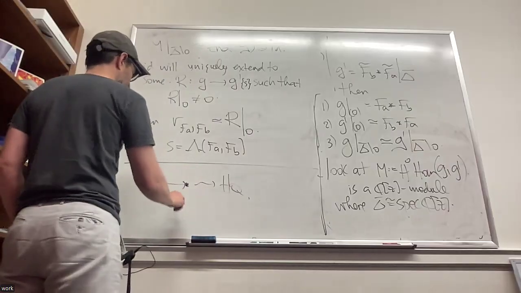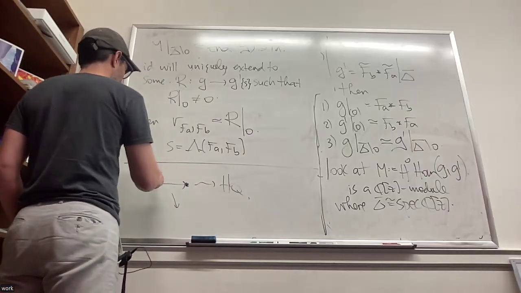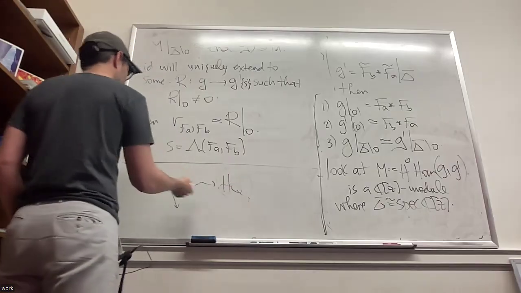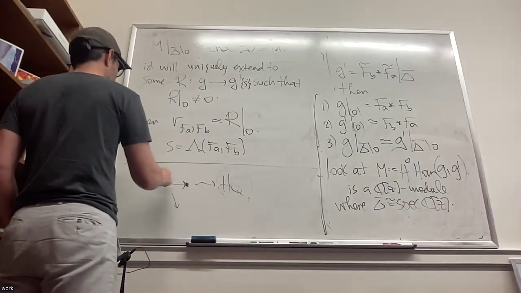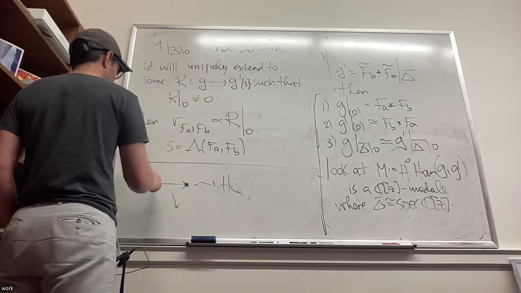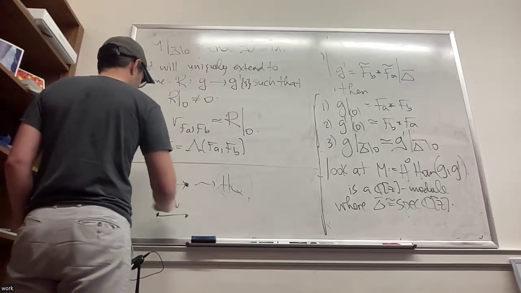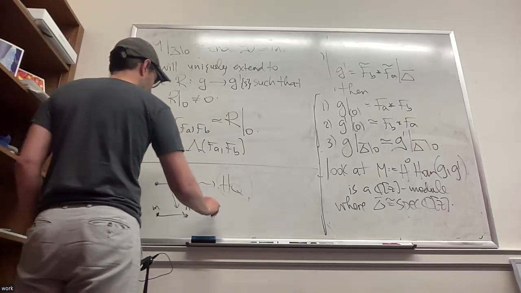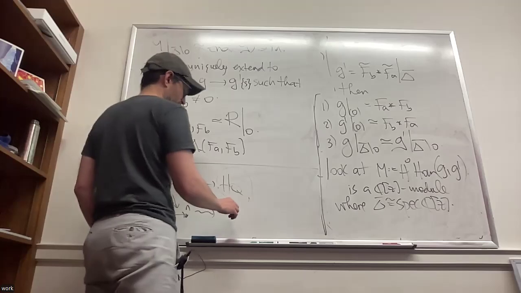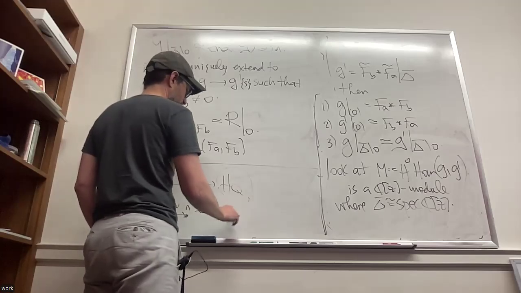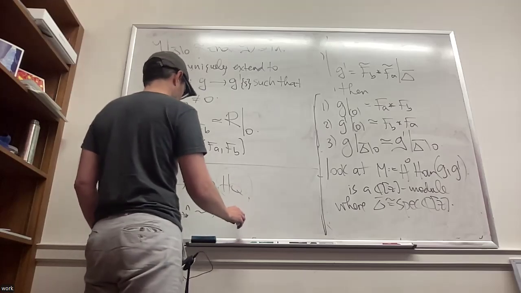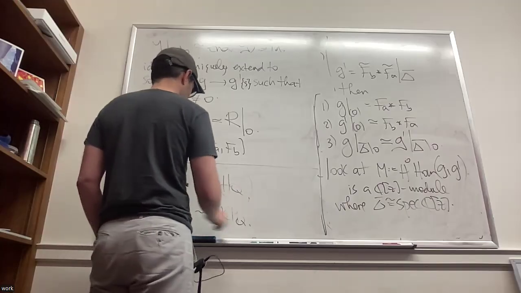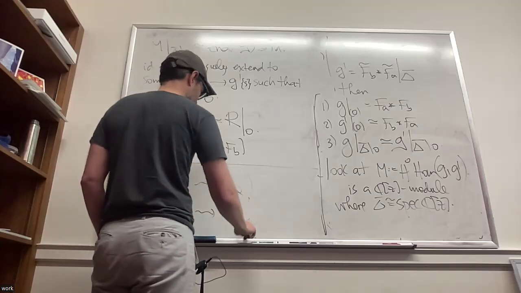On the other hand, if you fix two dimension vectors, you can look at the corresponding Coulomb category. I guess we used to call it KPQ, but this depends on the dimension vectors.